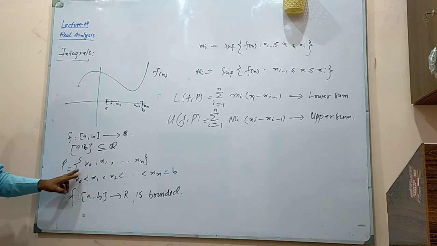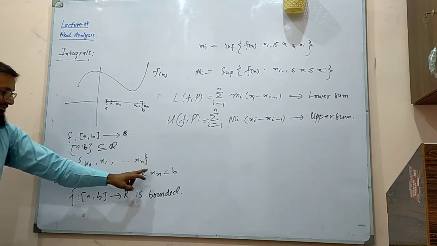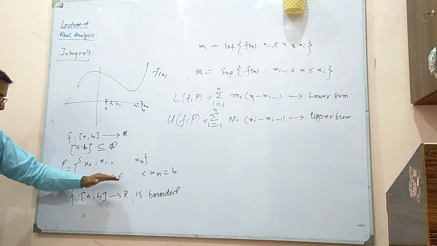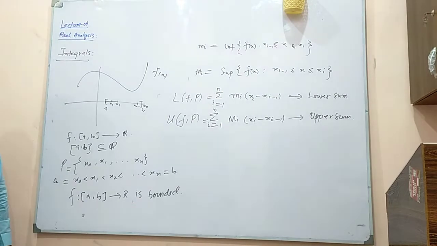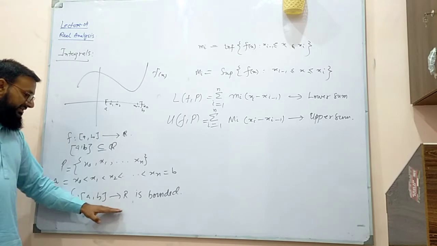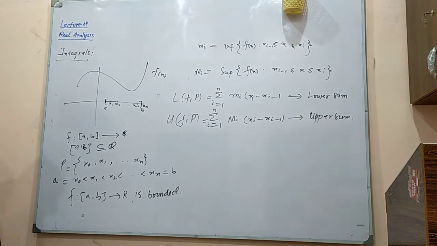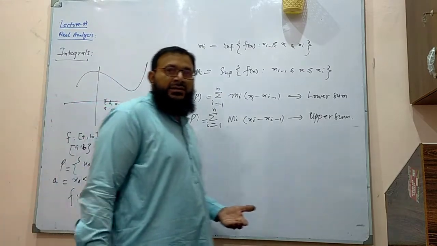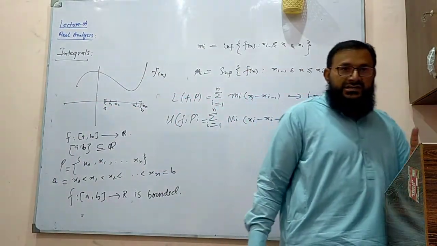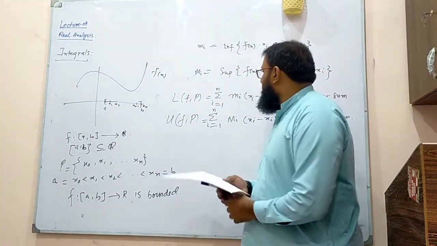Your initial value is the same as a, the final value is the same as b, and all the values are in what we call increasing order. And one condition that I have imposed so far is that f is bounded. I am not saying f is differentiable or f is continuous, but only one condition, f is bounded.